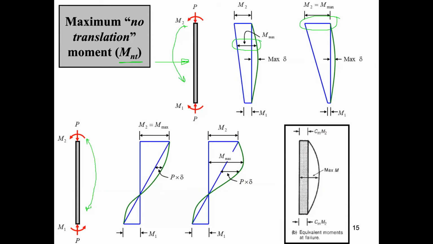A very similar scenario is observed when the moments are in the same direction. The maximum amplified moment will occur at this end or along the length of the column. The purpose of introducing the factor Cm is to account for all these cases and come up with equivalent moments at failure.